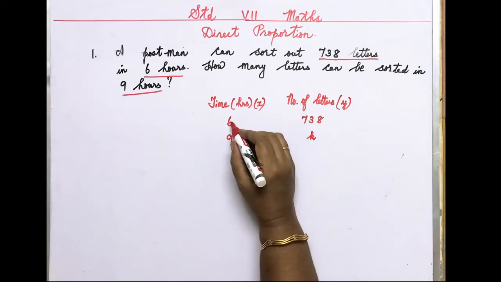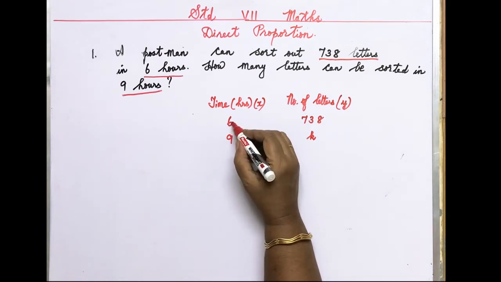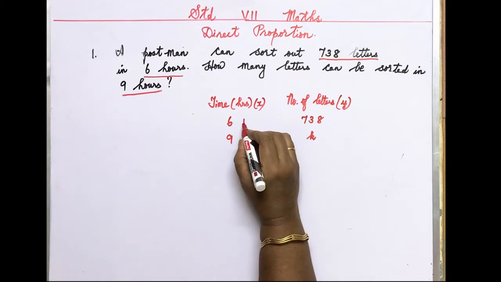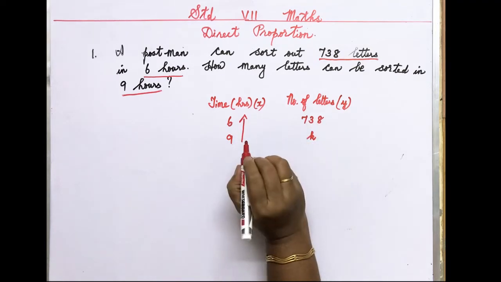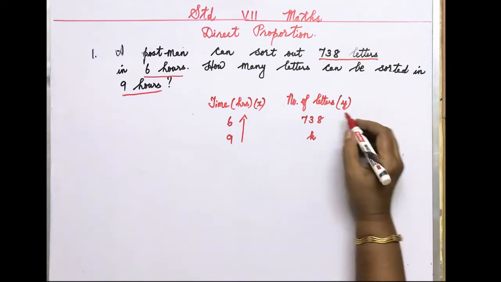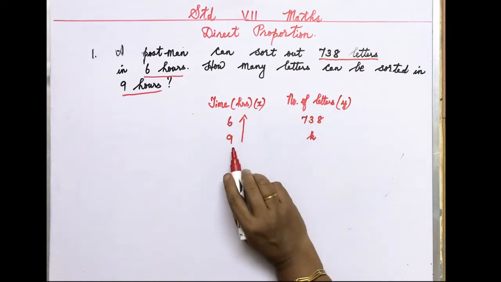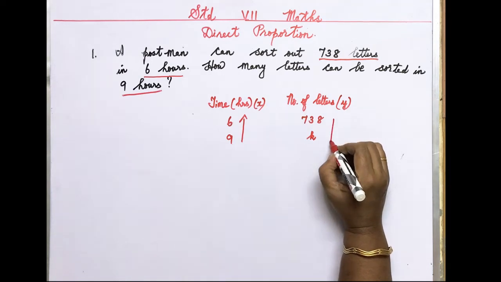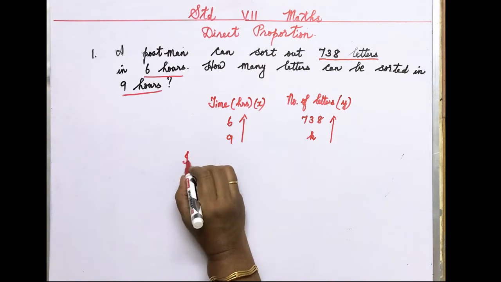Now, we have to compare. The time increases or decreases? From 6, time is increased to 9. I told you for increase we have to use up arrow. For decrease we have to use down arrow. So, if time increases, the number of letters sorted out also increases.